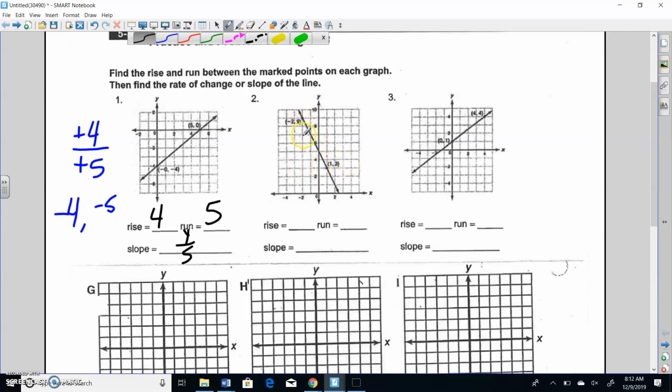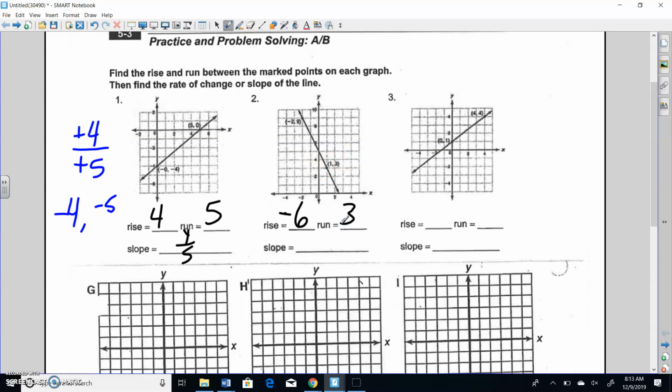How many units do I move down? 5, 6. Would everybody agree? 6? Okay, so our rise is 6, but it's down 6, so we're going to make that a -6. And then how many units do I have to move right to get there? 3. And that's right, so that's positive.